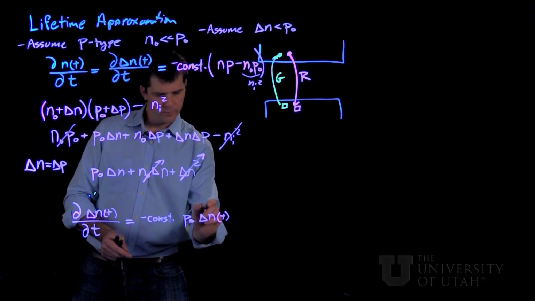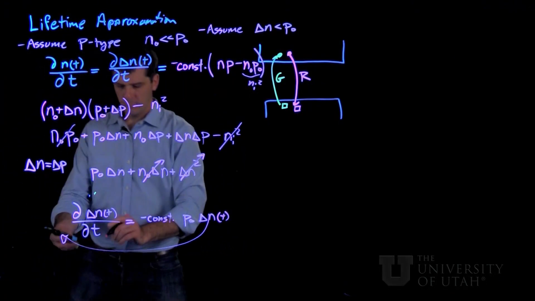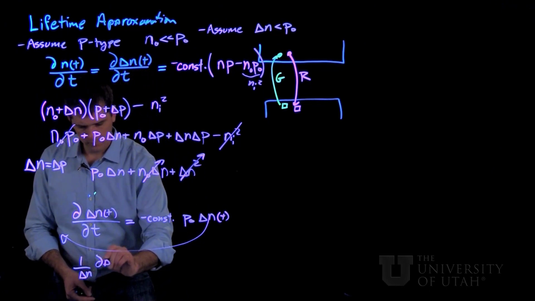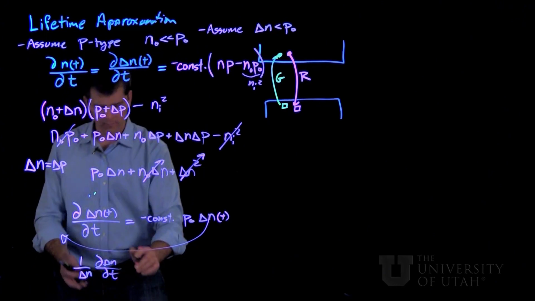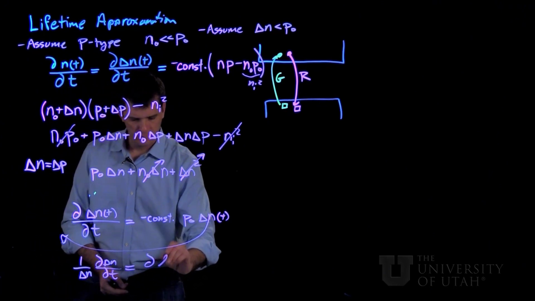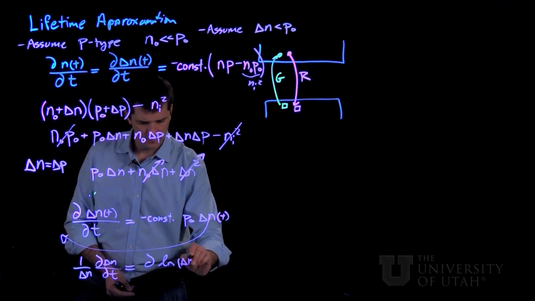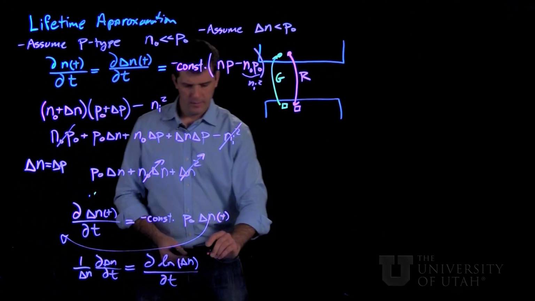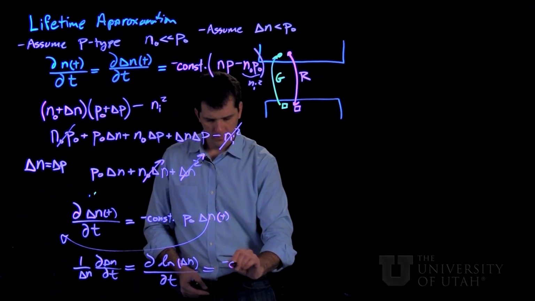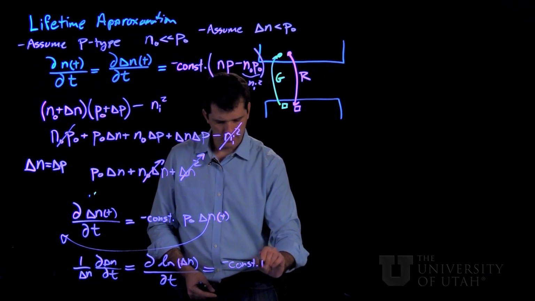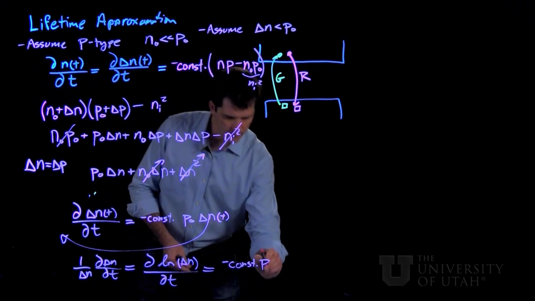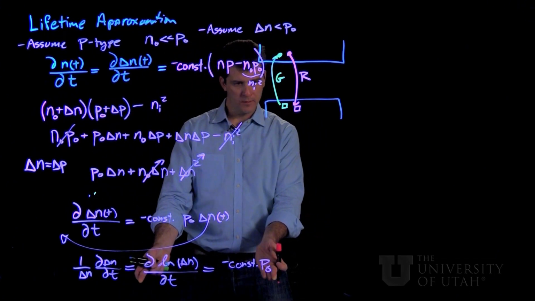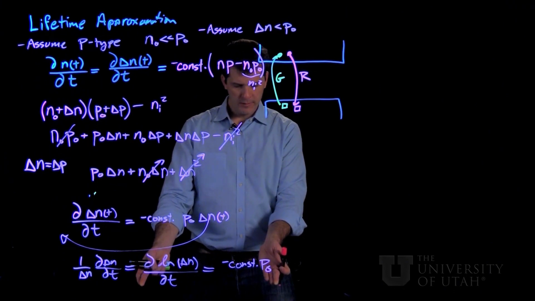If we move this over here, we can see that we have a 1 over delta n d delta n dt, which is the same thing as d logarithm of delta n dt, and this is equal to negative constant times p naught. So the solution of this differential equation here is an exponential.